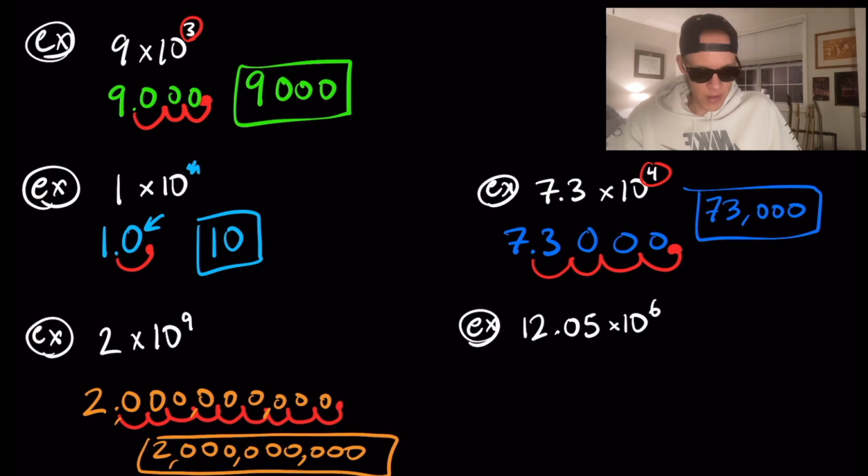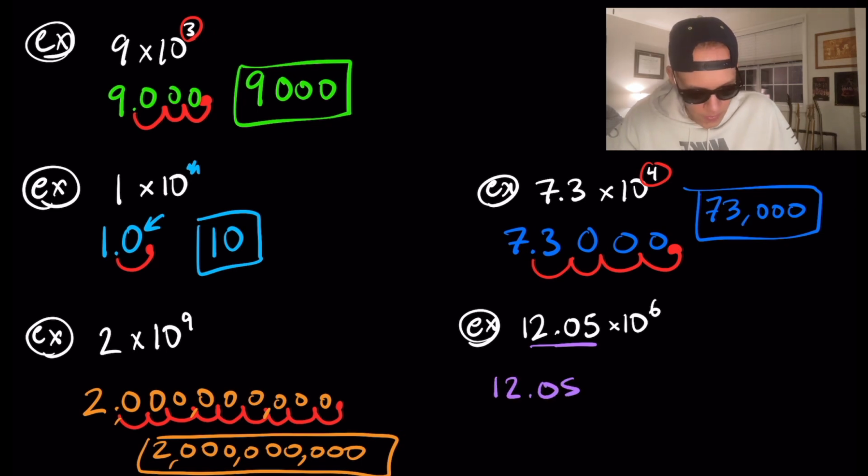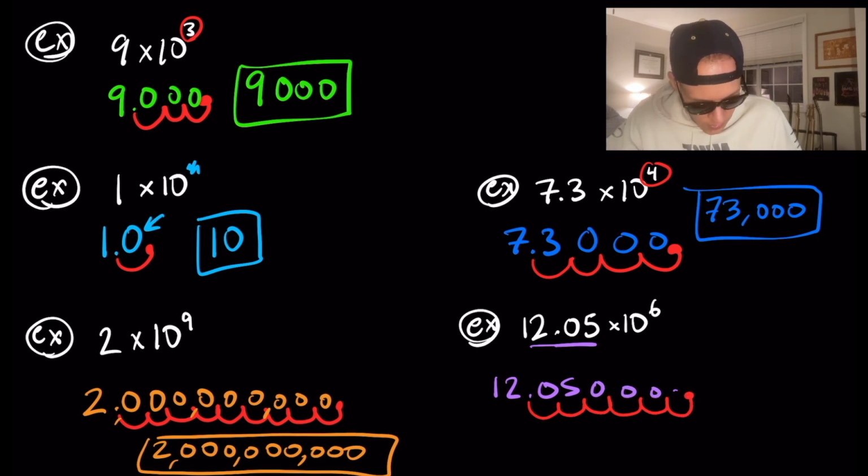Right, 12.05 times 10 to the sixth. Again, this number already has a decimal, so I will just copy that down and then move the decimal place to the right 6 times. So 1, 2, 3, 4, 5, 6. Put the decimal there and throw zeros in those placeholders.